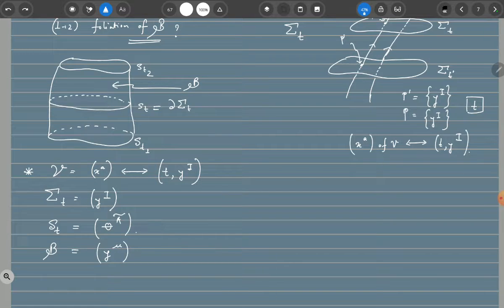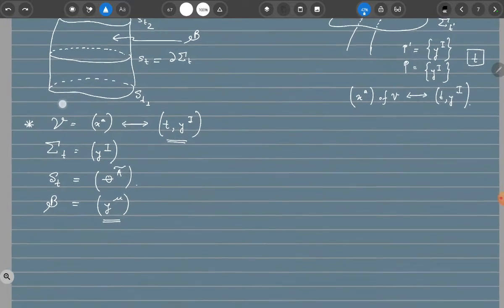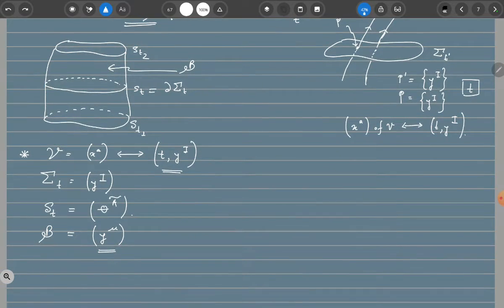And we'll see that once we perform this 1+2 foliation of this curly surface B, we can exchange y mu with some sort of analogy like this. But we'll see how we can do that. And it's pretty straightforward in that sense.